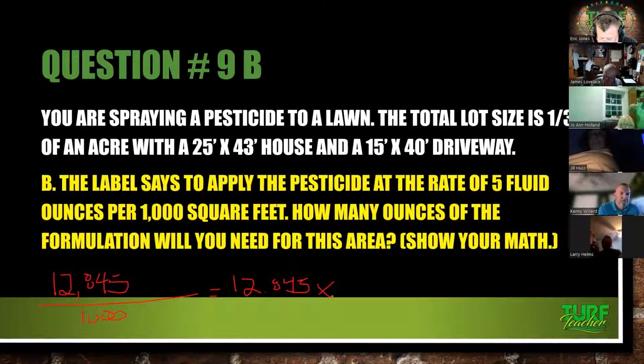We're going to multiply that. And really, you could probably just round up to 12.85 times 5 ounces. Then we're going to equal 64.25 ounces. Is what we need for that job.